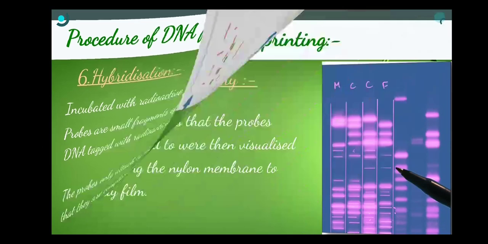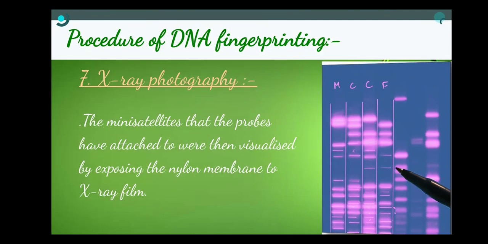After hybridization, we go for the X-ray photography. After hybridization we get that double stranded DNA which was radio labeled, and we put that hybridized nylon paper behind the X-ray film. After passing that X-ray, we can see there is an illumination. Why illumination?